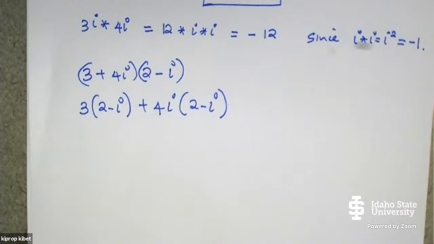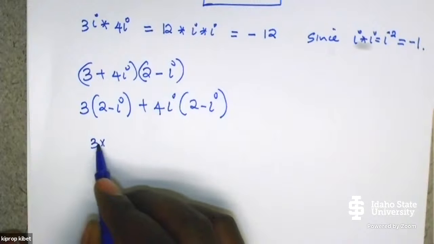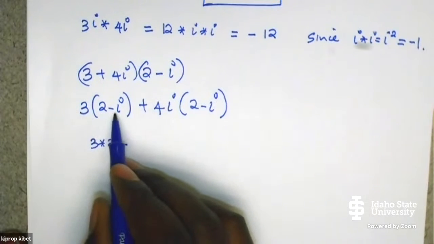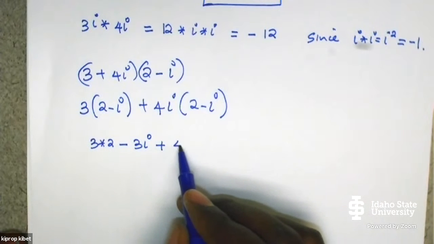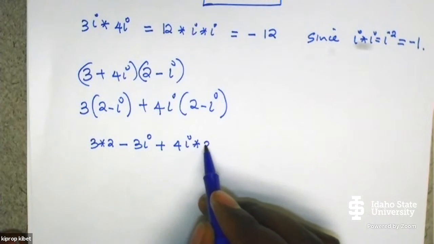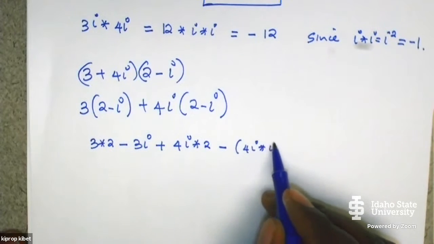When you open the brackets, it will be A by C plus A by D, plus B by C plus B by D. So here, 3 multiplied by 2 minus 3 multiplied by i, plus 4i multiplied by 2 minus 4i multiplied by i.